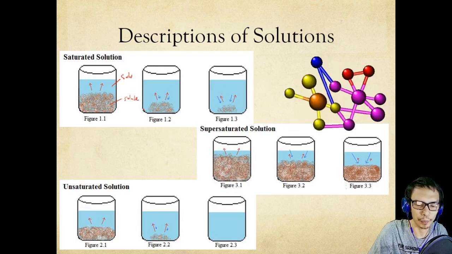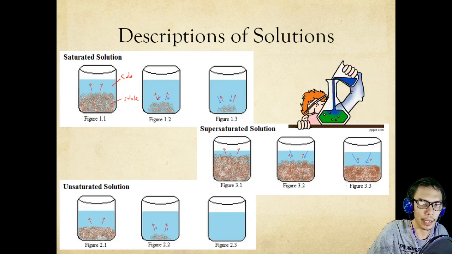If you see that the red arrow is greater than the blue arrow, it means that the solute is being dissolved faster than it has the ability to crystallize. The blue one is the ability of the solute to crystallize.